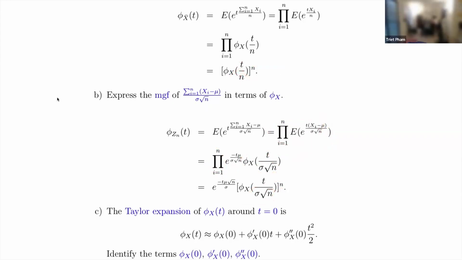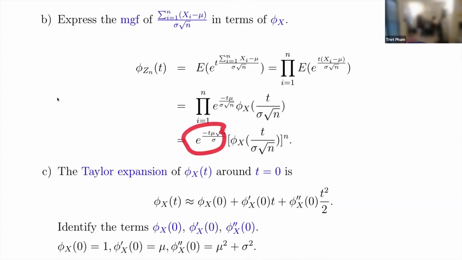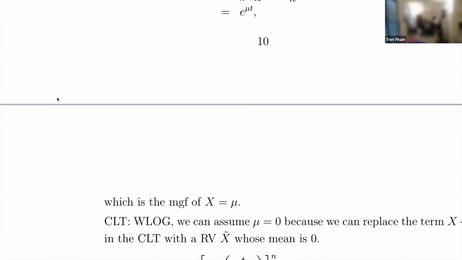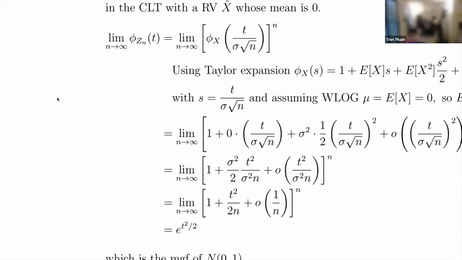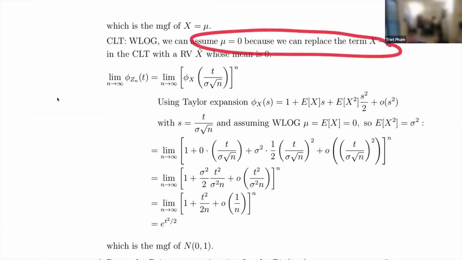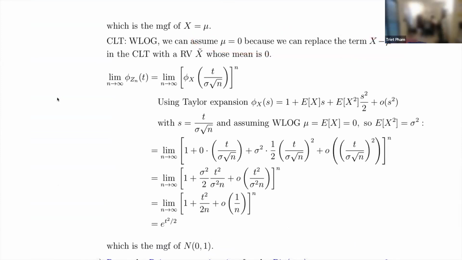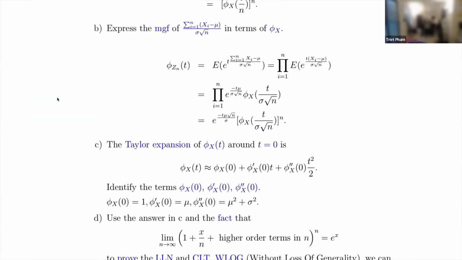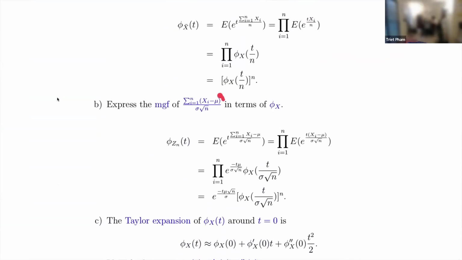So it turns out that the scalar here is a nuisance. So we assume that mu equals 0 for the central limit theorem, because the central limit theorem actually starts out with x minus mu. So this guy has mean 0 anyway.